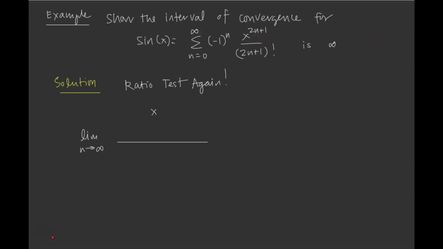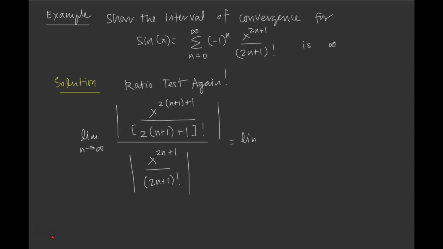So this would be x to the 2n plus 1 over 2n plus 1 factorial, with n plus 1 put in for n. Again, in the numerator, we need to be looking at the n plus 1 term, so that is going to go in for n. The bottom is just regular old x to the 2n plus 1 over 2n plus 1 factorial. And we can simplify this, being a little bit careful as we simplify. In the numerator, we have x to the 2n plus 3 over 2n plus 3 factorial.